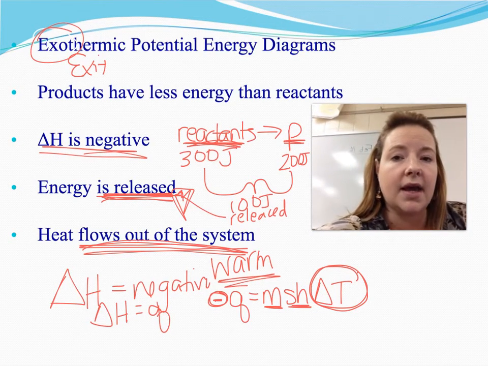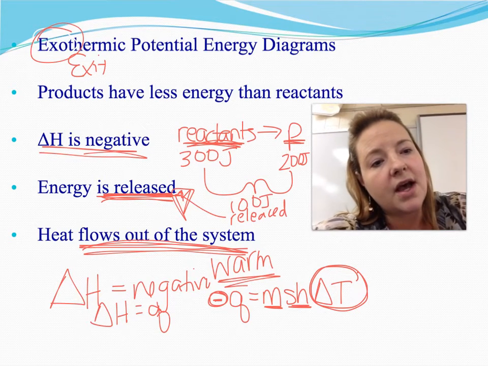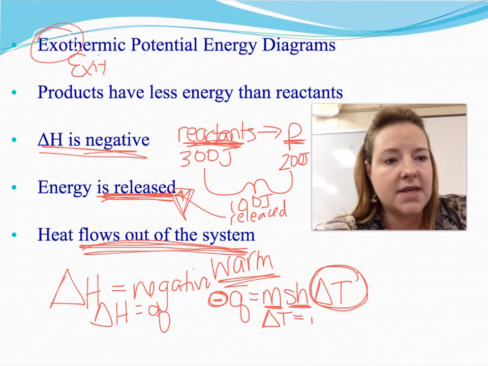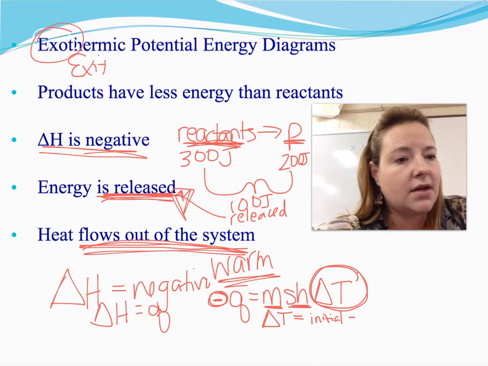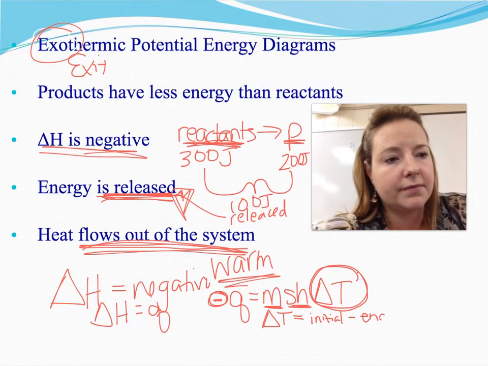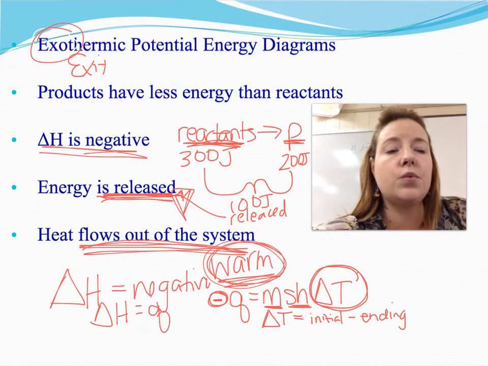Well, how would we get a negative change in temperature? Well, let's think about this. Our change in temperature, delta T, is calculated by taking our initial temperature minus the ending temperature. So remember, exothermic feels warm.